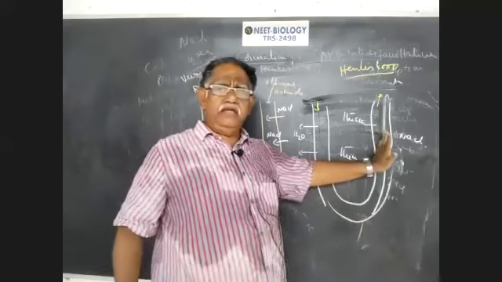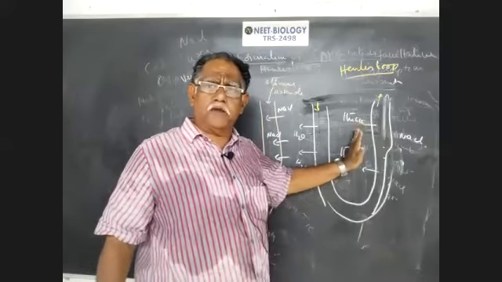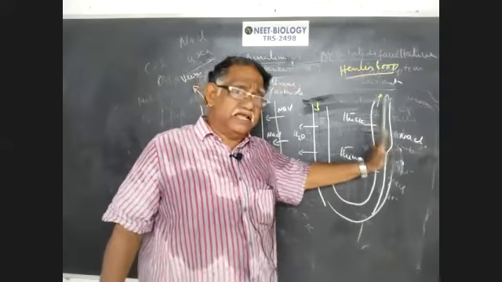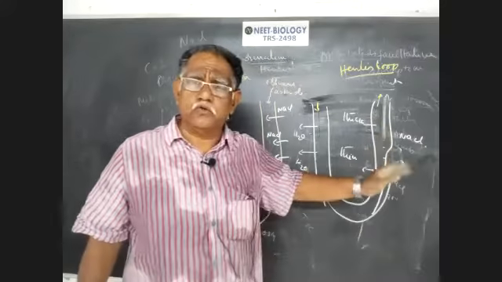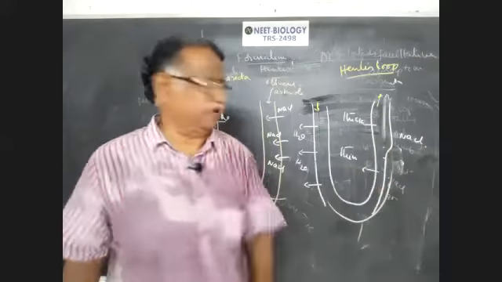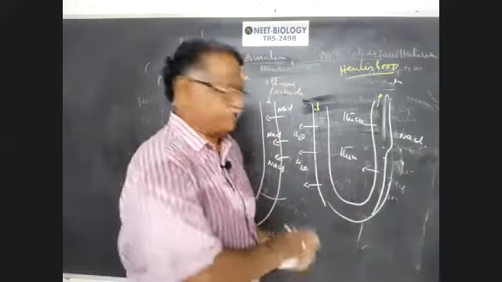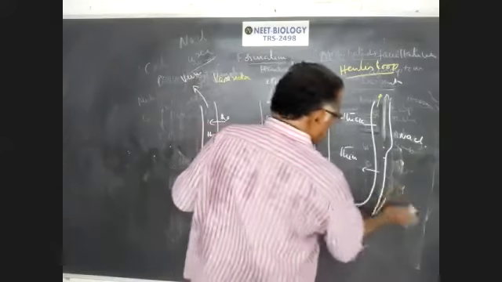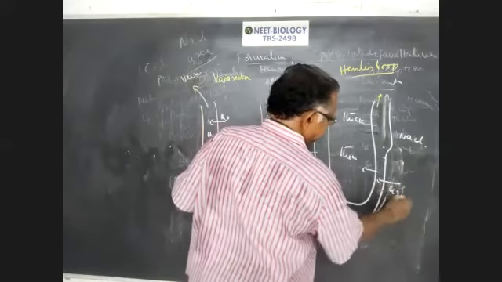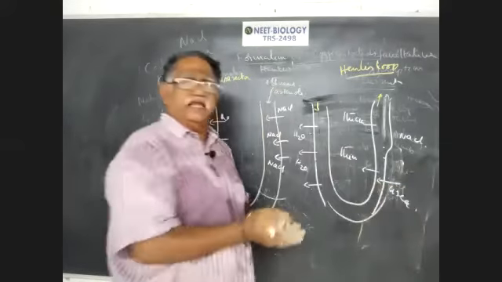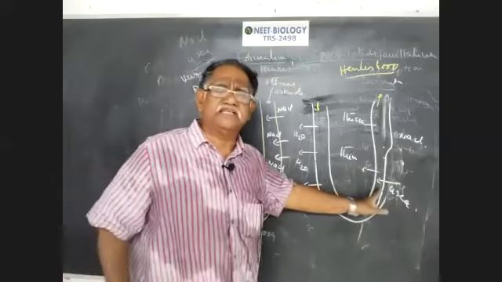Only solutes are reabsorbed, water is not reabsorbed, since the ascending limb of Henle's loop is impermeable to water. Then what happens? You see here, some amount of urea is secreted into the thin limb of the ascending limb.